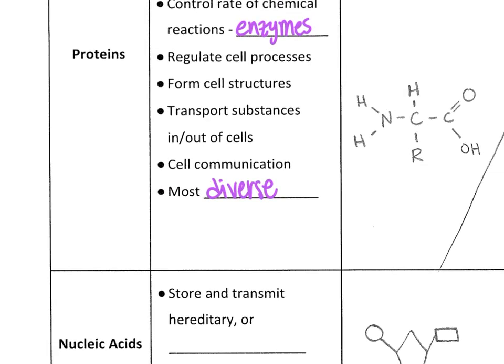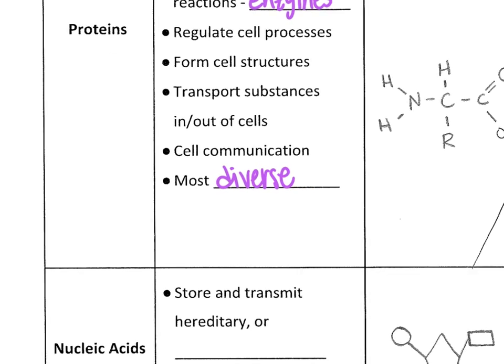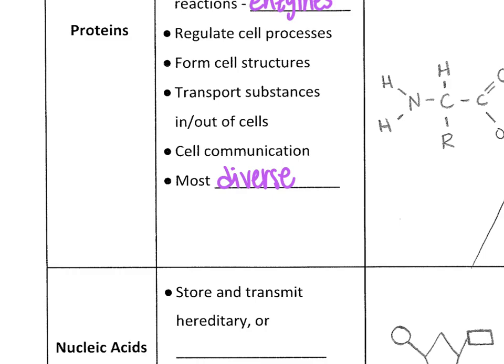Now, what's important to focus on here that we need to add: many of our students get confused with carbohydrates, lipids, and proteins, and they think that because of what they've learned perhaps in health classes or on social media, proteins are used for energy. And that is not true. In what we're going to be learning about in this class, proteins are not used as a major source of energy.